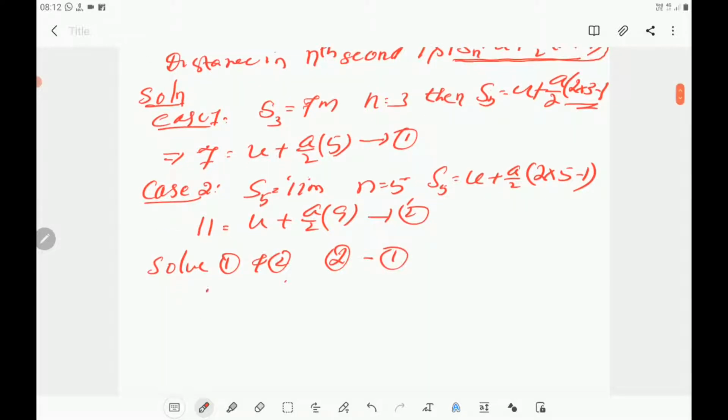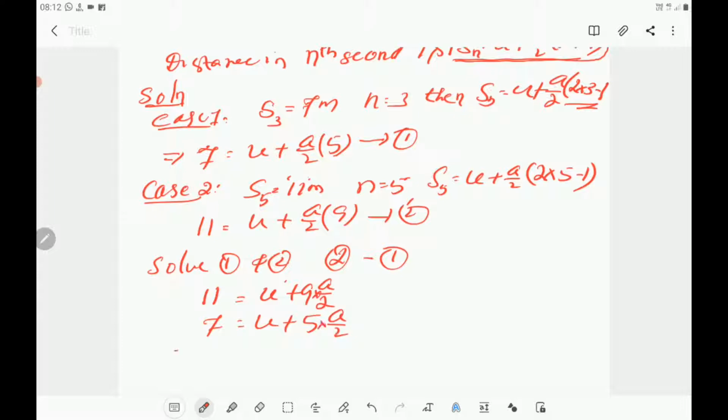First you write equation 2, that is 11 equals u plus a by 2 times 9. Right, 9. And the first equation, I write below: 7 equals u plus a by 2 times 5, so I write 5 times a by 2.